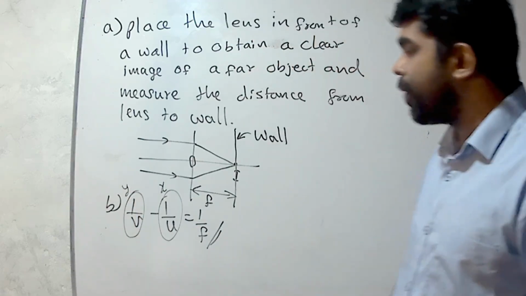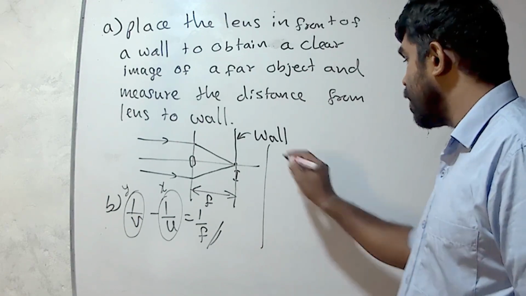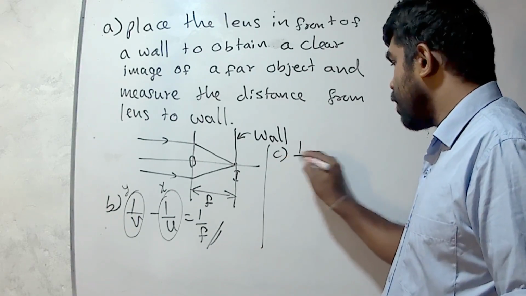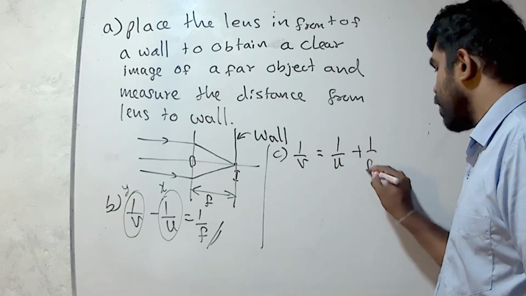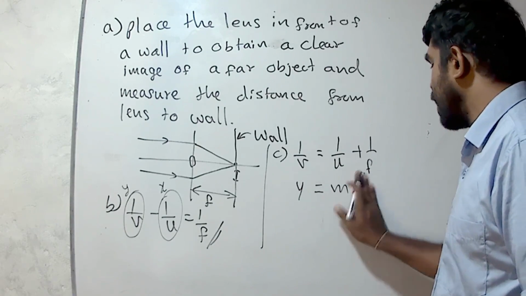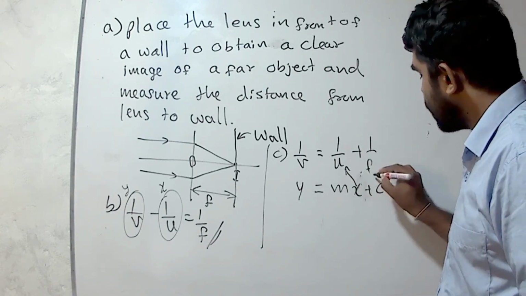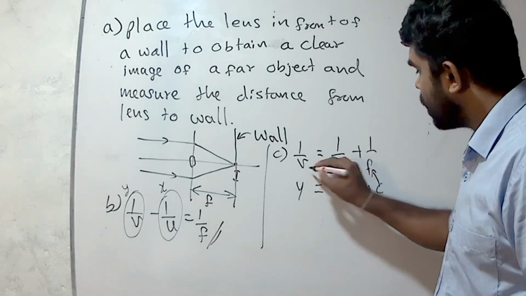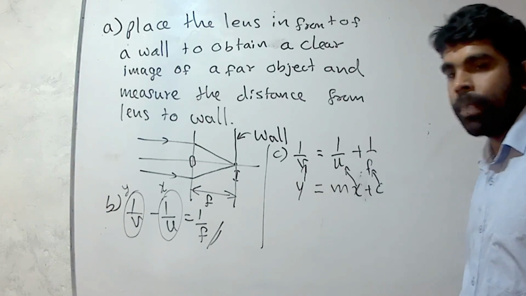When drawing a graph, we can get 1 over v and 1 over u values. Then we can write 1 over v equals 1 over u plus 1 over f. It is in the form y equals mx, sorry, y equals mx plus c. x is this one, the intercept is this one. The gradient should be 1.